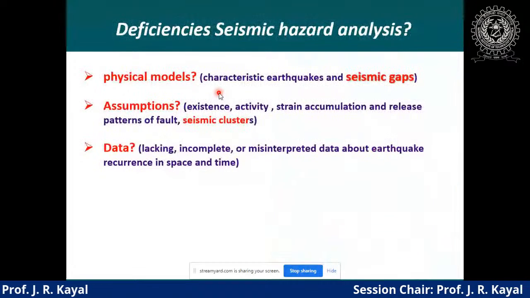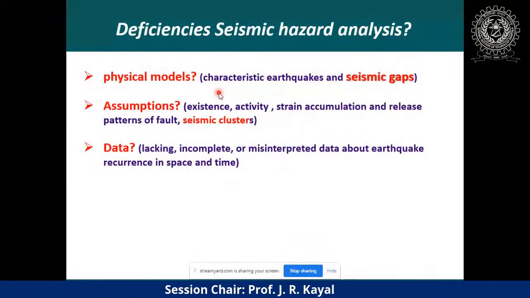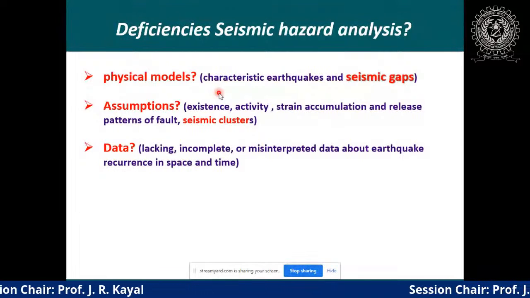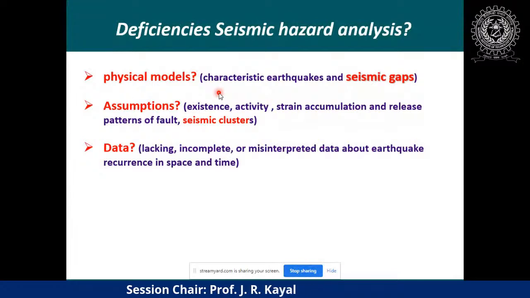The deficiencies of seismic hazard analysis might have different sources: seismic physical models, characteristic earthquakes and seismic gaps, or the points to be focused on.